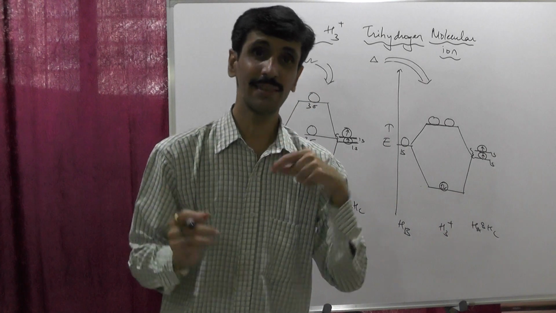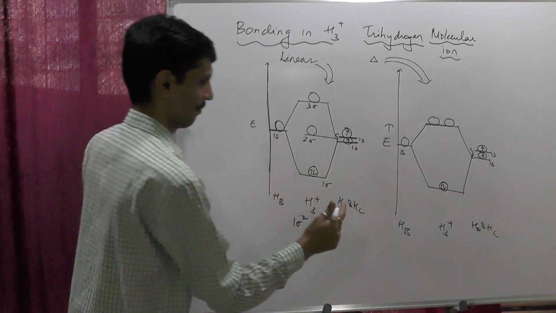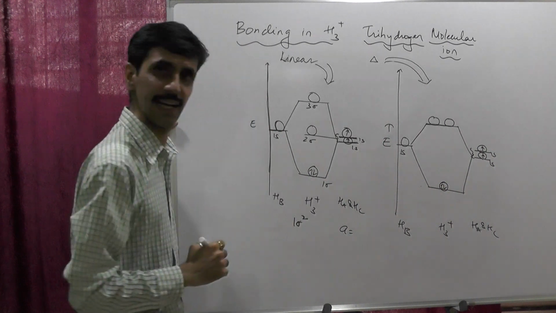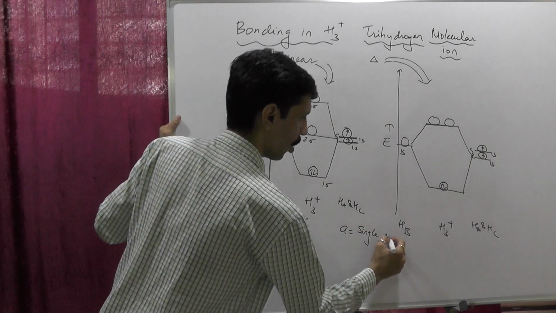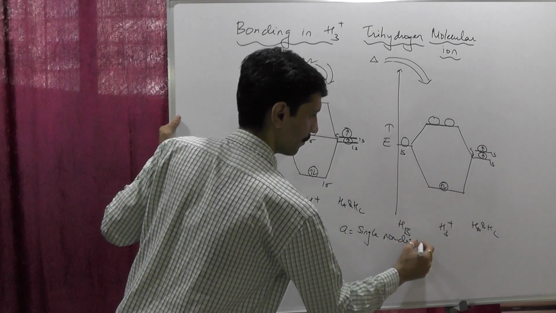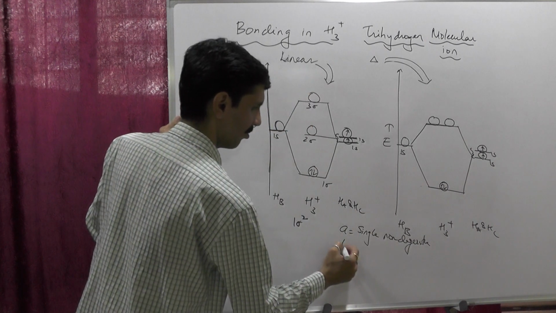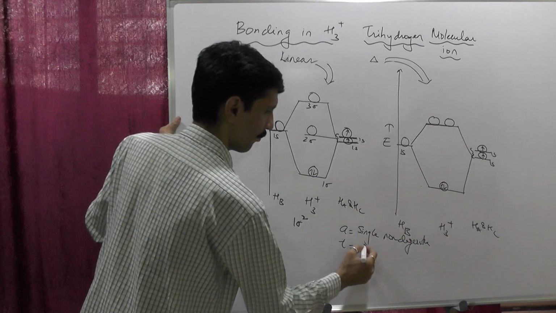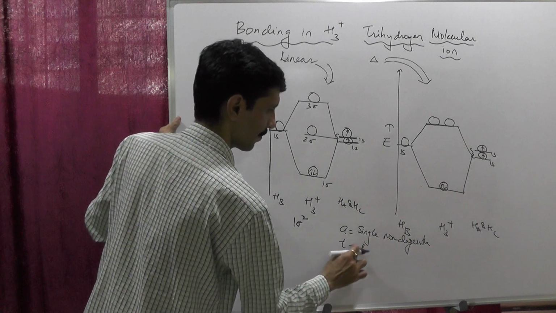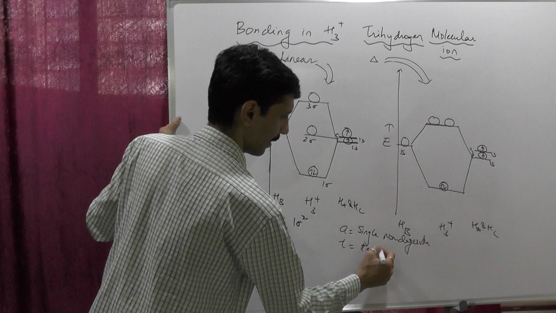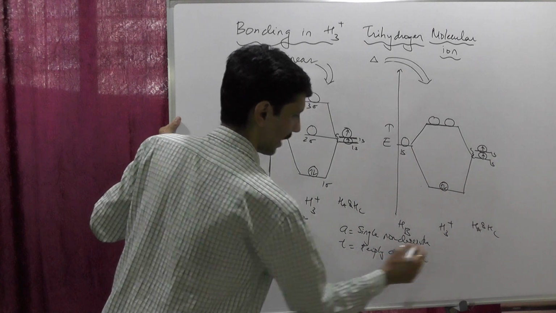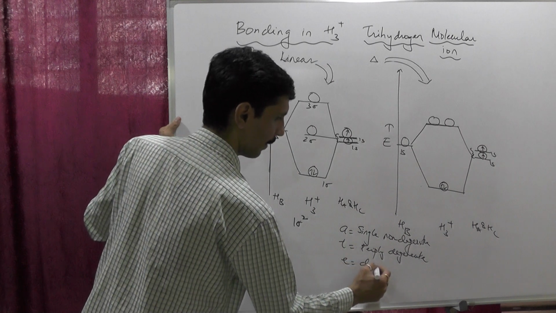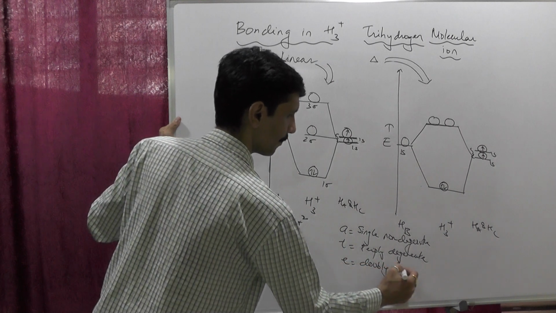According to symmetry, the terms that we give are A, this is single non-degenerate. Next is T for triply degenerate, and E for doubly degenerate.